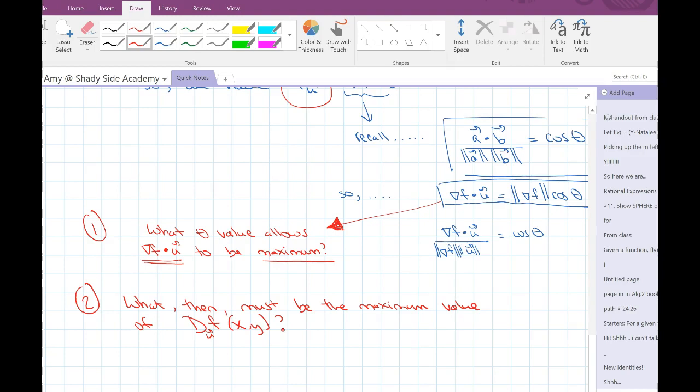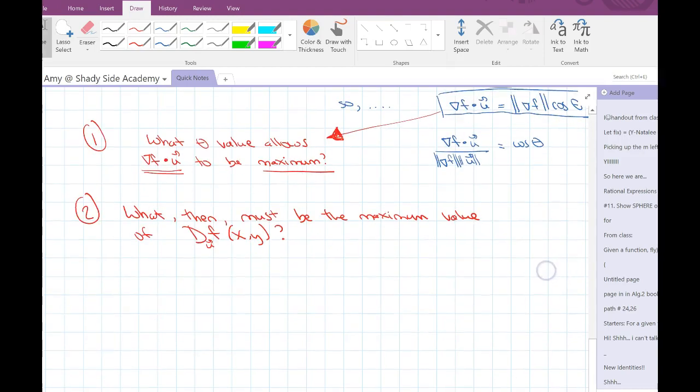What is the relationship between the gradient vector and the vector u? Okay, what angle between them ensures that the rate of change of z is maximum? Okay, what then must be the actual max value of this? In other words, once you figure out question number 1, the second question is saying, what then is that maximum instantaneous rise over run of z? Okay, two questions. Very good.